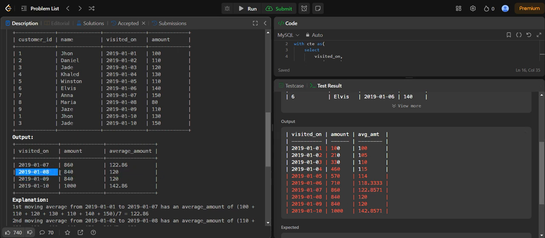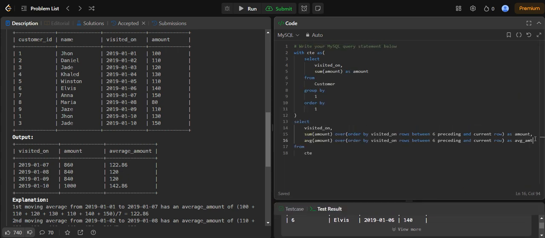For 2019-01-08, 840, 120. I do not need the rows from January 1st to January 6th. I need to show the result from January 7th. From January 7th, the result is matching our output table. Now I have to somehow remove the first 6 rows.